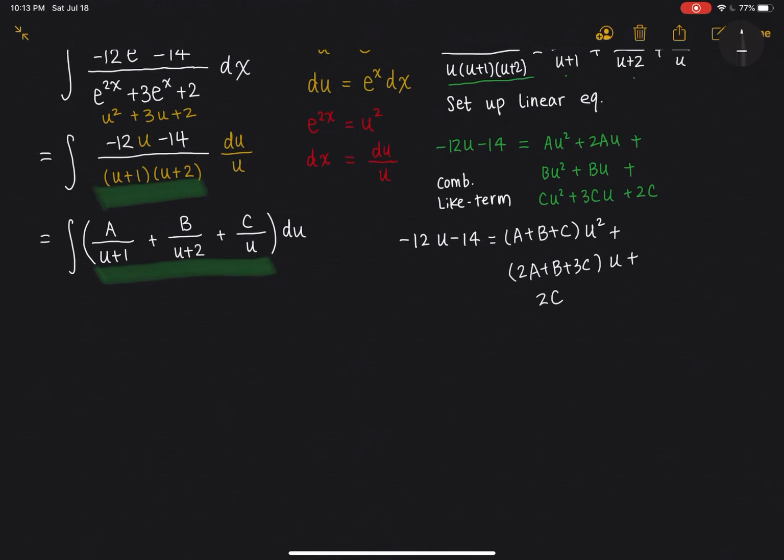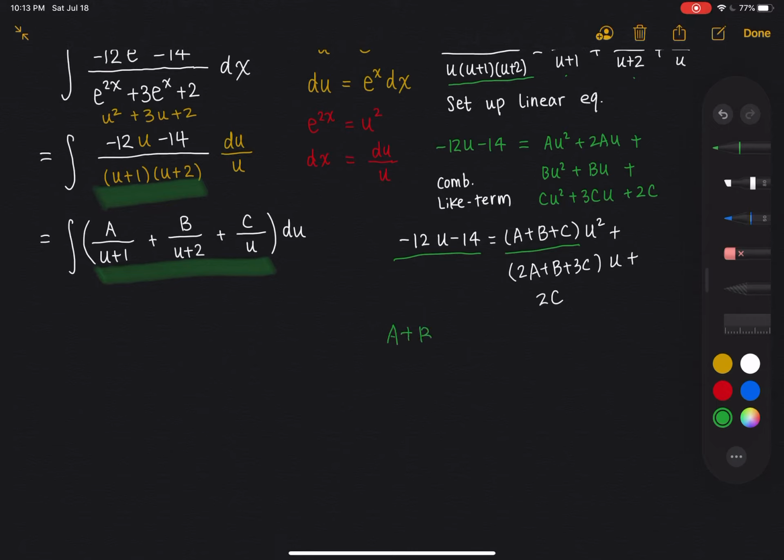So then we need to notice there's no u squared on the left, so we must have a plus b plus c equals 0, and the constant term is negative 14, so 2c must equal negative 14, and the first power is negative 12, so we must have 2a plus b plus 3c equals negative 12.